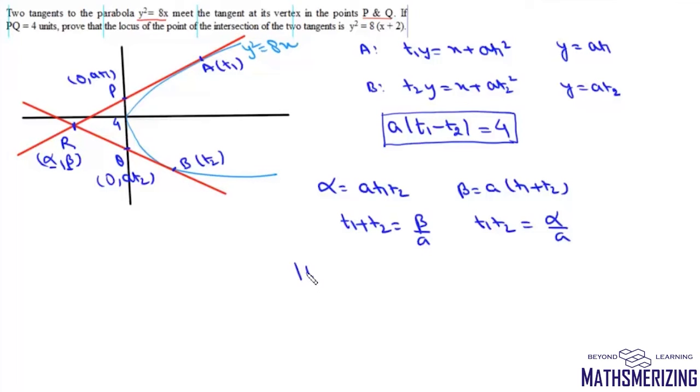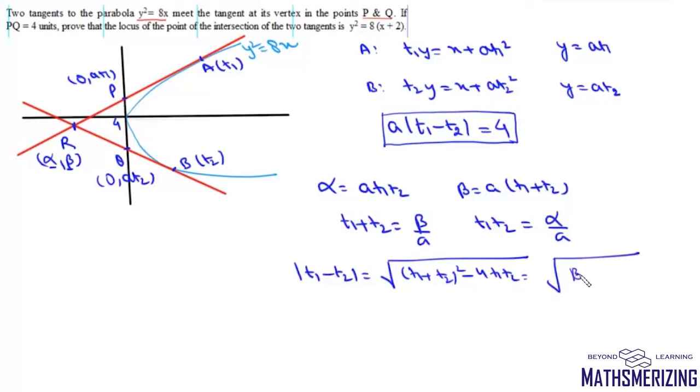So mod of (t1 minus t2) will be under root of (t1 plus t2) whole square minus 4 t1 t2. So we can write it as under root of beta square upon a square minus 4 alpha upon a. So this value is under root of (beta square minus 4a alpha) upon a.